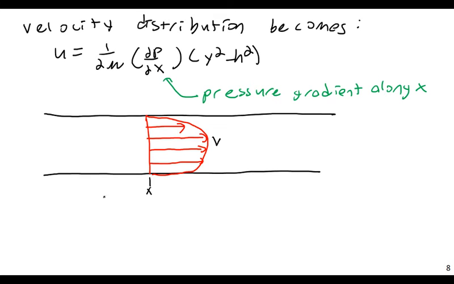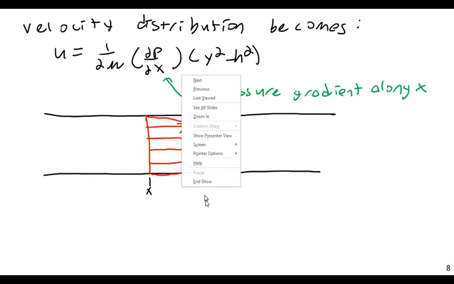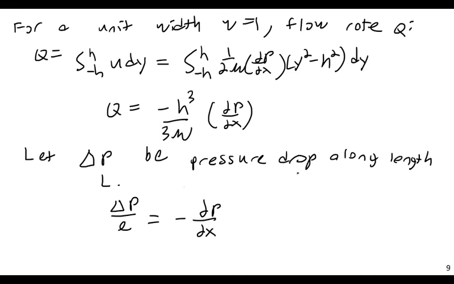There is a distribution of velocities where right at the edge of the pipe, the water, or whatever fluid, oil, whatever it may be, is literally stationary. It's not going anywhere.